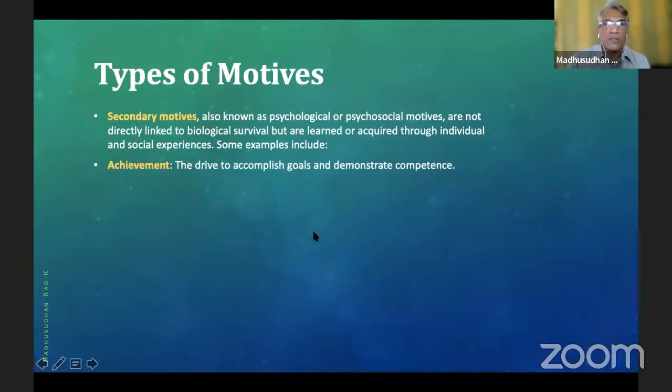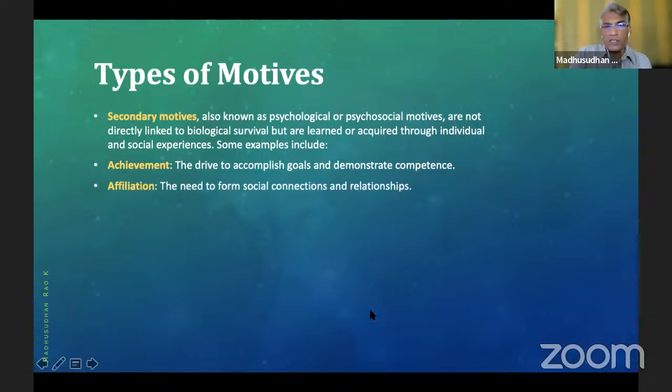Secondary motives, the psychosocial motives, are less directly linked to biological survival, but are learned or acquired through the individual's social experience.